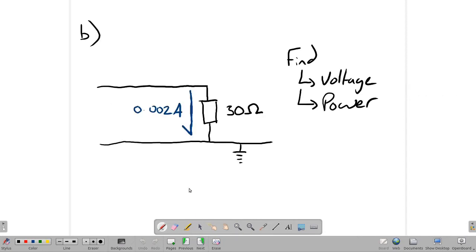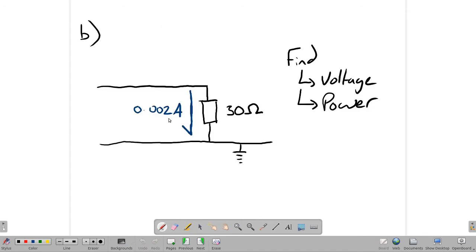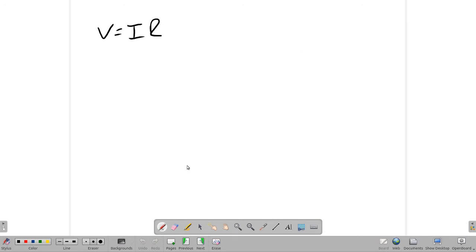Looking at the next question, we had a resistor with 0.002 amps going through it, and it's a 30 ohm resistor. We needed to find the voltage and the power. So again, using V equals IR, we know the current was 0.002, so 2 milliamps, and a 30 ohm resistor.